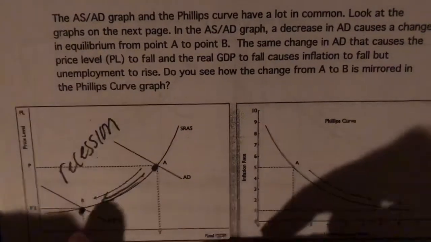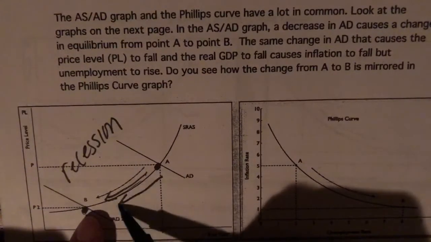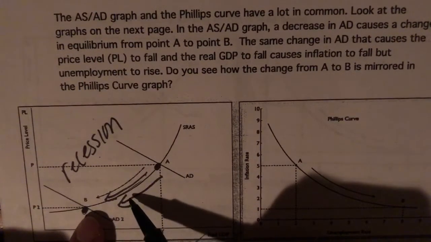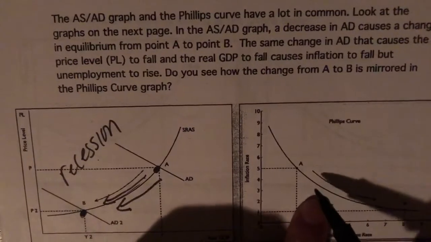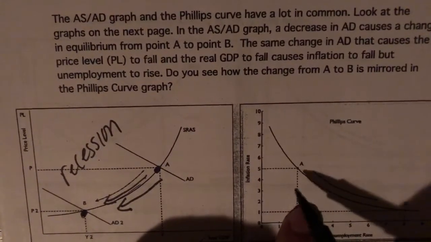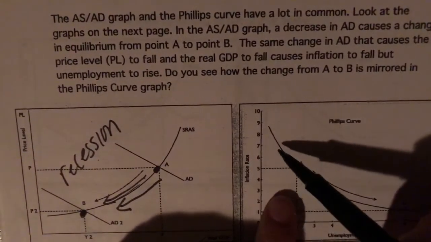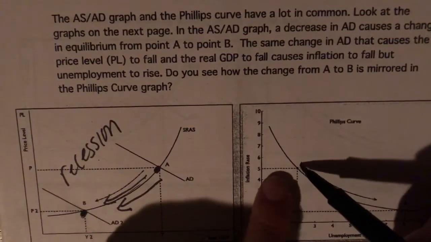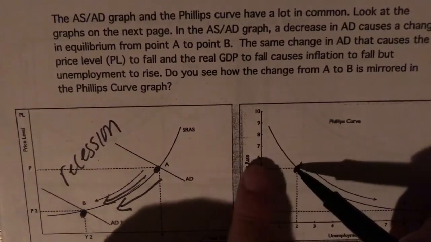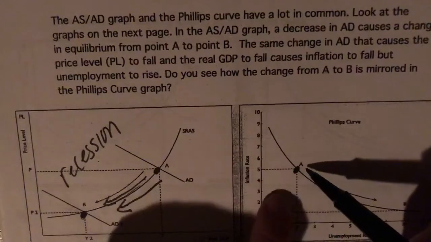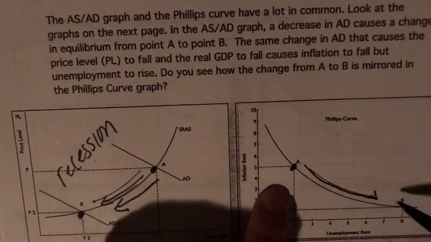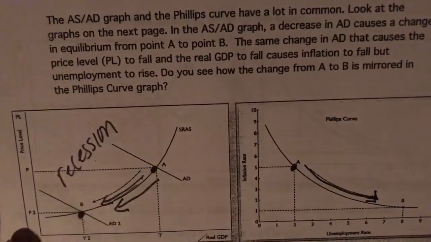This shift down that curve to show recession is the opposite on the Phillips curve because this is inflation, right? And when we're in a recession, we don't have inflation, right? So that inflation we saw over here that was up here, it shifts downward on that Phillips curve. So these are the inverse.